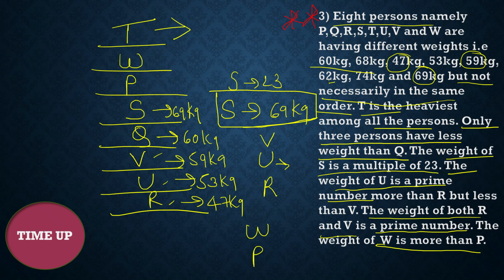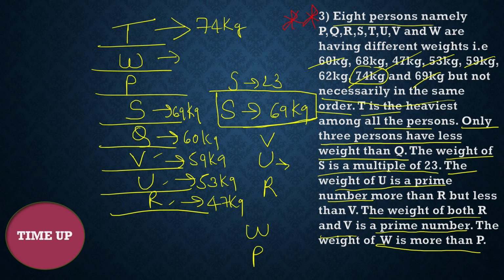So what will be the weight of T? 74 kg, because he is the heaviest among all. Then W. What is left? 69 is done, 60 is done, 74 is done, then 59, 53, 47 are done. Now what is left? 68 kg, 62 kg.